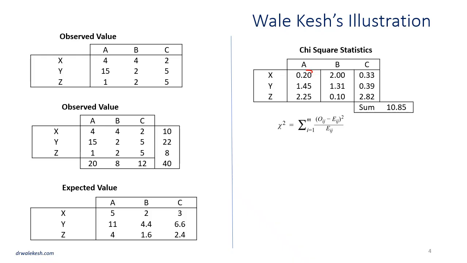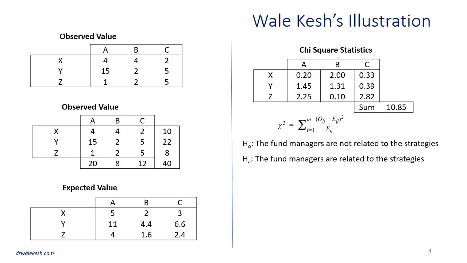So these are the chi-square for each individual cell. But what we need is the summation of all of the chi-squares. If you sum all of it together, then I expect you to get 10.85. So this will now be compared to our chi-square critical. But before you can get your critical value, you need your degree of freedom.